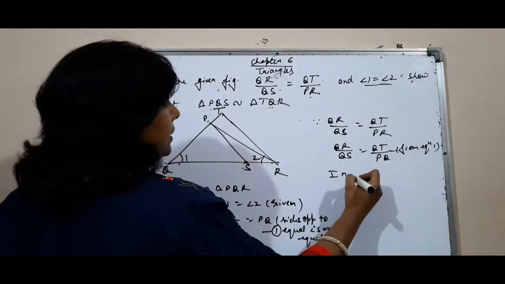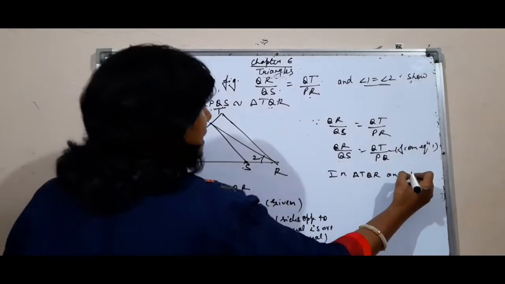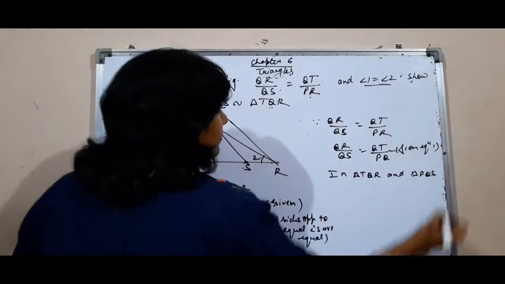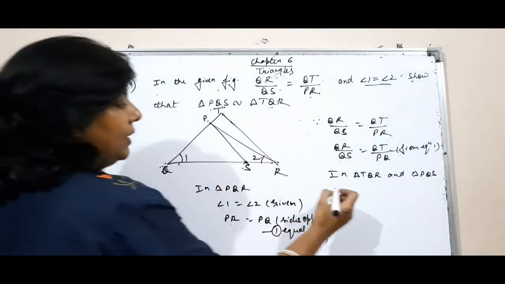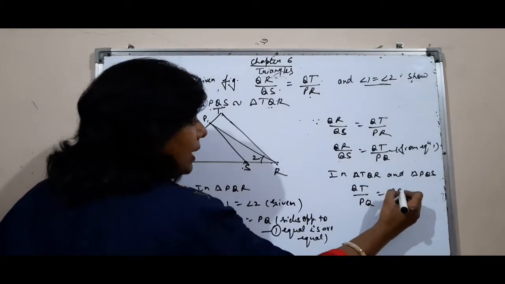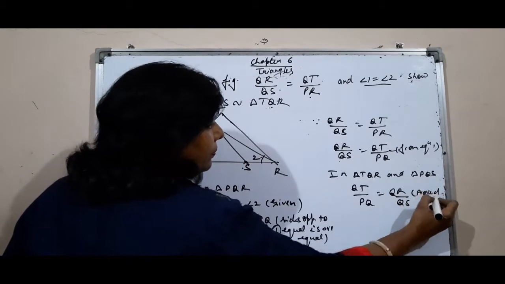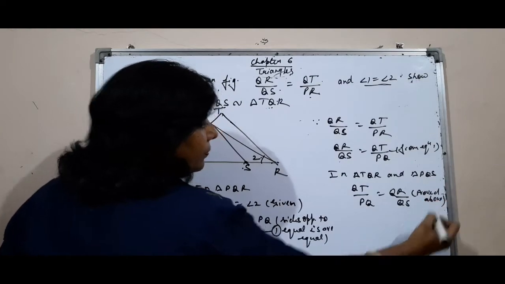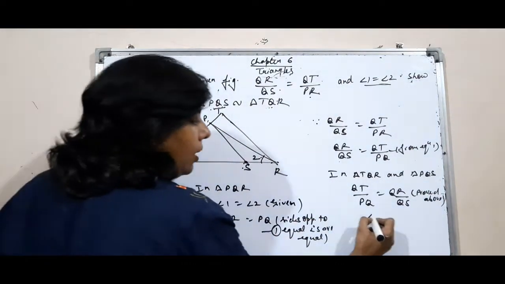In triangle TQR and triangle PQS, okay students, QT upon PQ equals QR upon QS, proved above. And now angle Q is common.